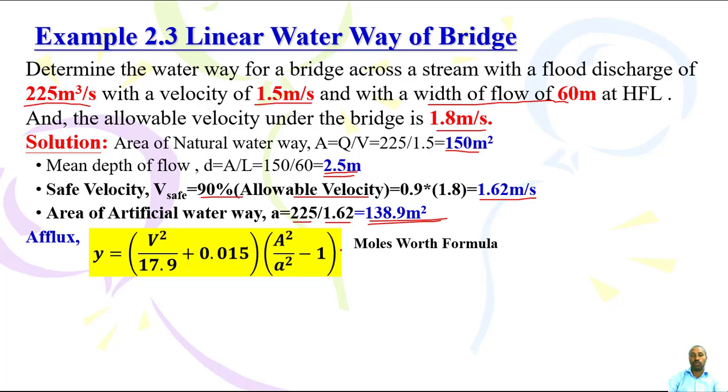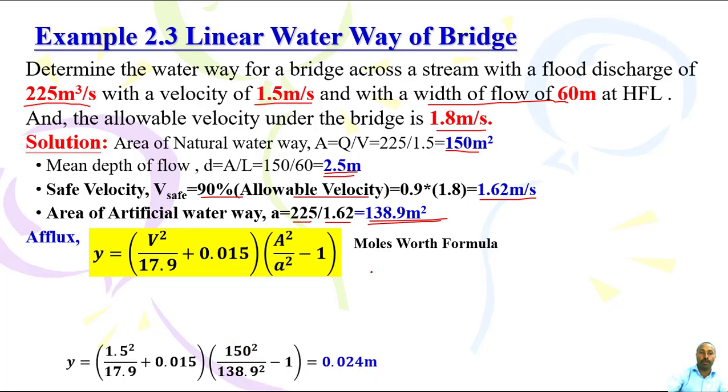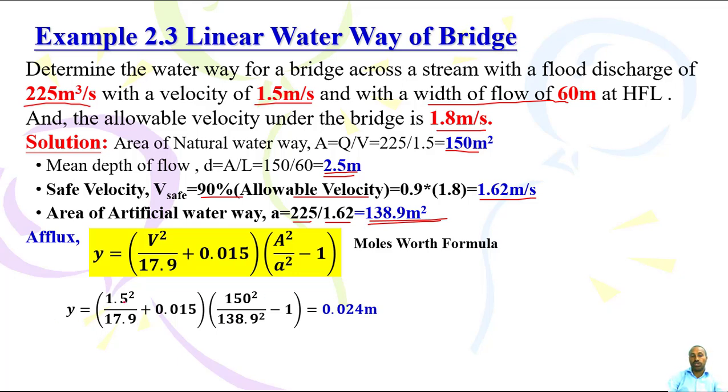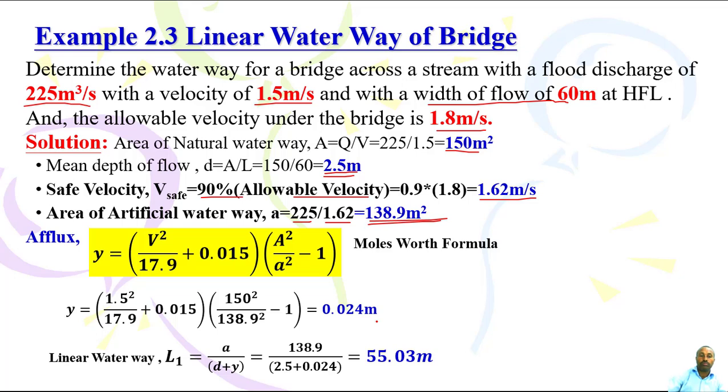Then you can find the afflux, the heading up of water near the bridge site, will be 0.024 meter or 2.4 centimeter. Then you can find linear waterway length. Linear waterway length will be A over D plus Y. Then you get this one. So this is the required linear waterway length.